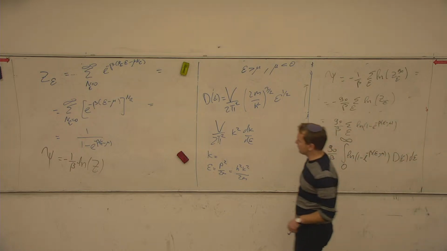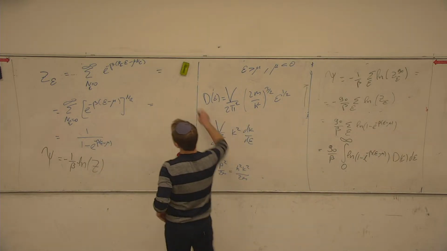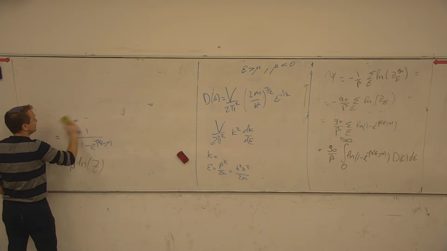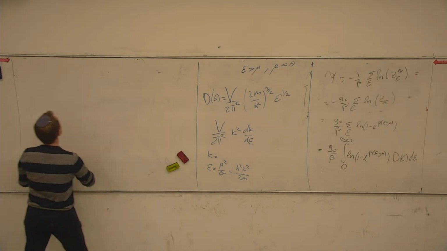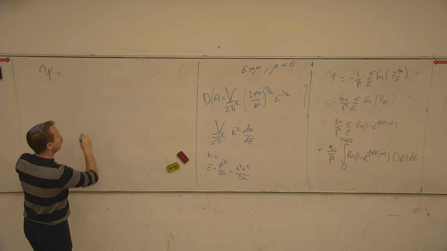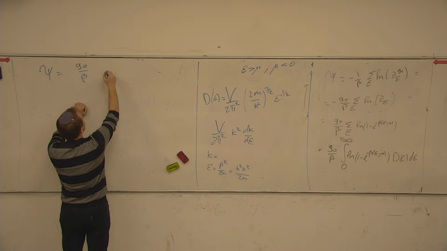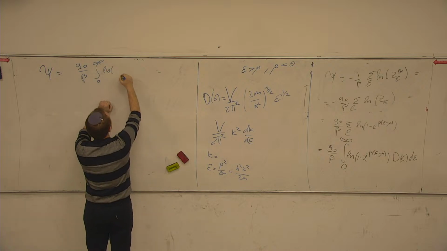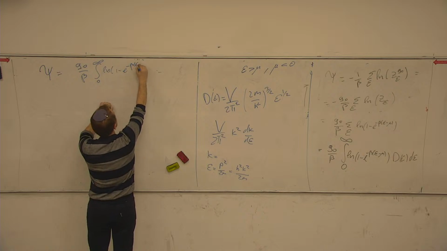Okay, so now that we have the grand canonical potential, which is psi equals g0 over beta, an integral from 0 to infinity, log of 1 minus e to the power minus beta (epsilon minus mu).